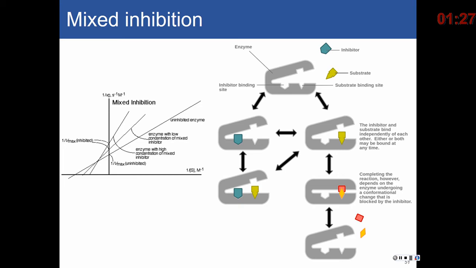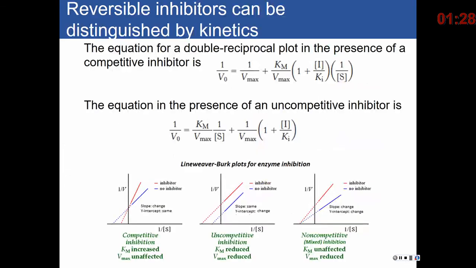So the complete reaction depends on this inhibitor not being there, because you can tell that it couldn't actually clamp down if that was there. So in a mixed inhibition, you can see that we're not on either one of our axes when we see our overlap, and you can see that our uninhibited enzyme is here, and we get our overlap there.